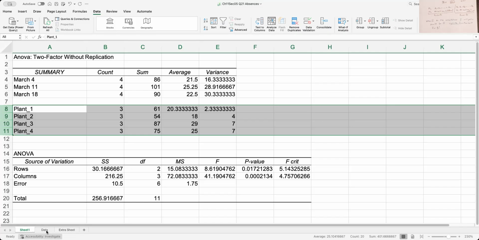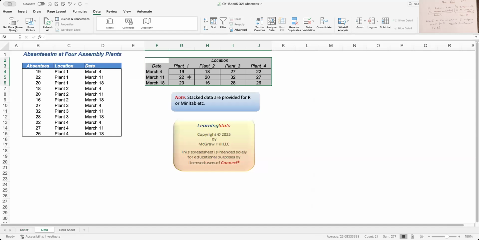When I go back to the data itself, I only have one piece of information on March 11th out of plant 2, right? I think this actually prevents me from looking at interaction behavior that way. But that's the setup for this experiment, right?